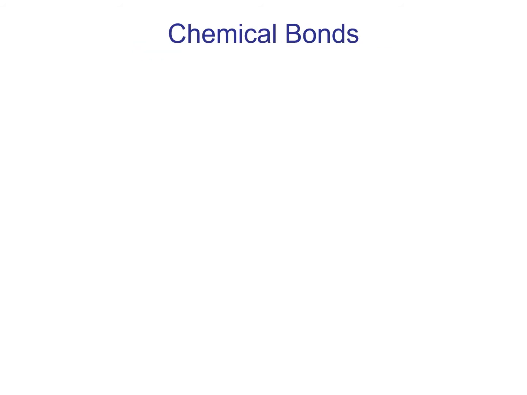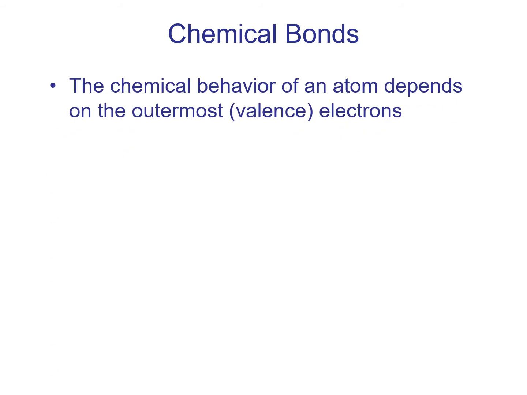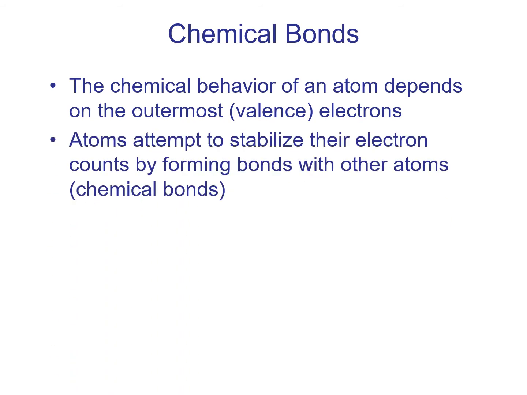Chemical bonds occur when we have one atom interacting with another atom. And once again, the chemical behavior of the participants is going to depend on their valence numbers. So atoms are going to attempt to stabilize their electron counts in the valence shell by forming chemical bonds.